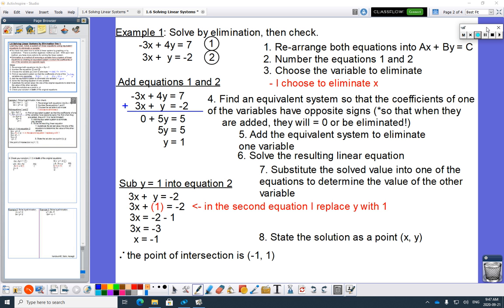A lot of people will not, but you can, especially when you're first doing it if it doesn't make sense. So negative 3x plus 3x is 0. 4y plus y is 5y. 7 plus negative 2 is 5. Again, it doesn't show that divide step if you want to add that in there.